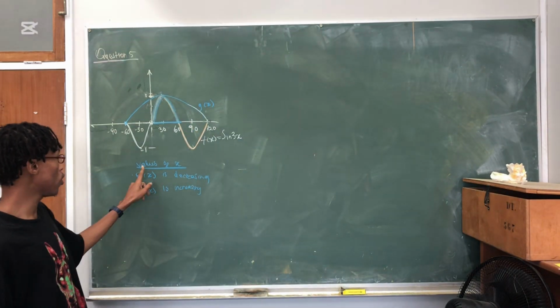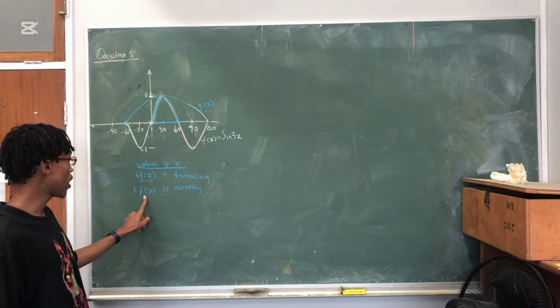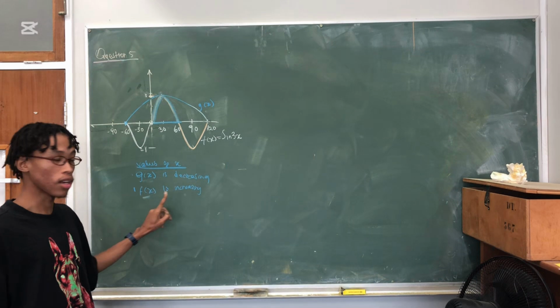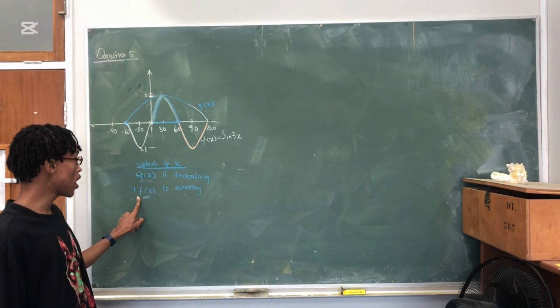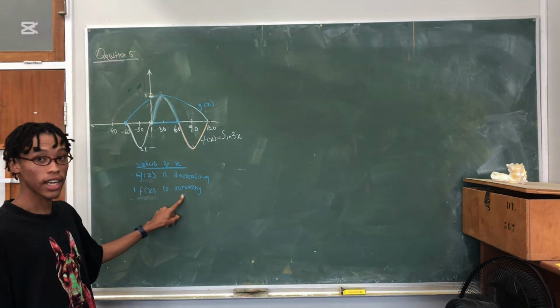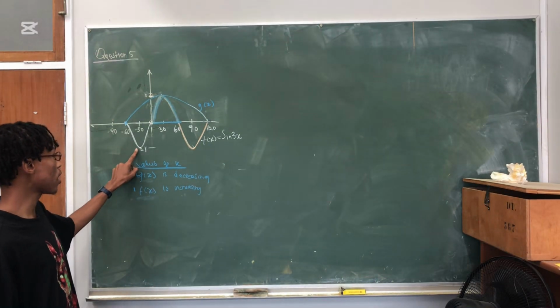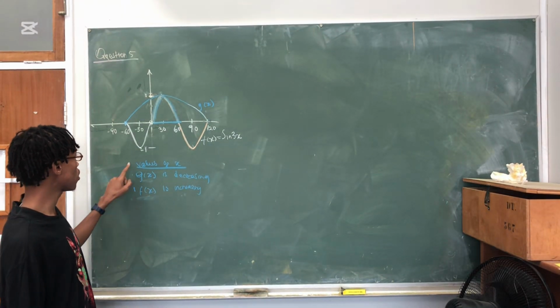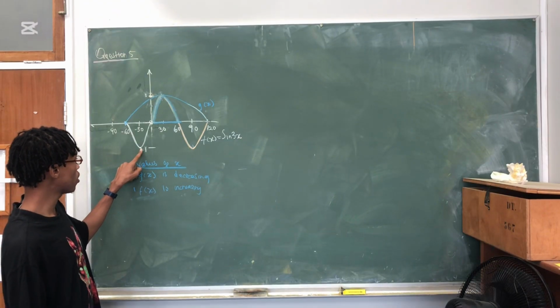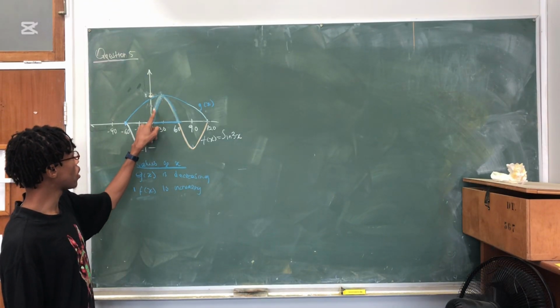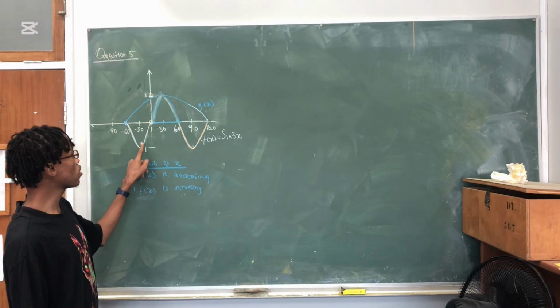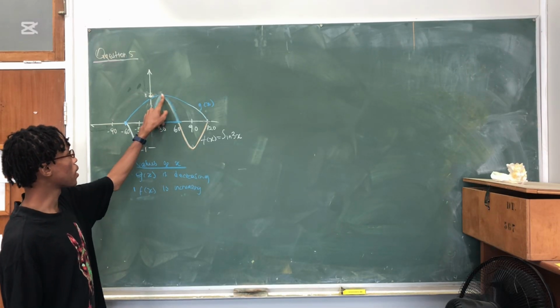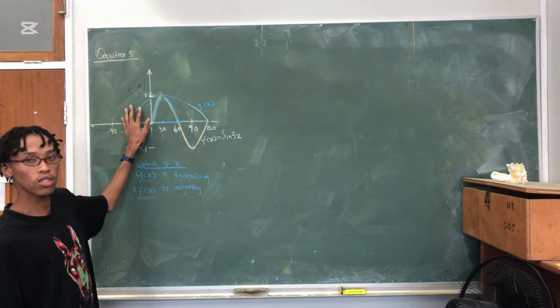And then we're also looking for the values of x for which f of x is increasing, the values of x for which the y values are increasing for the f of x function. The only regions where the f of x is increasing are from this point to that point. But this is not what we're looking for because the g of x is not decreasing on this side.